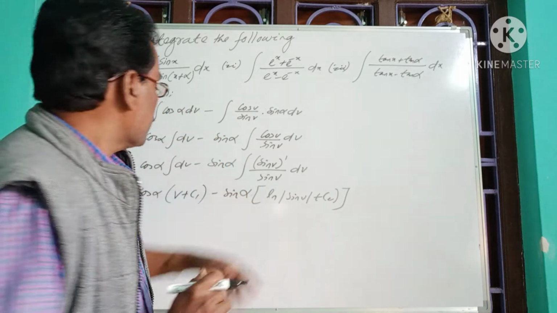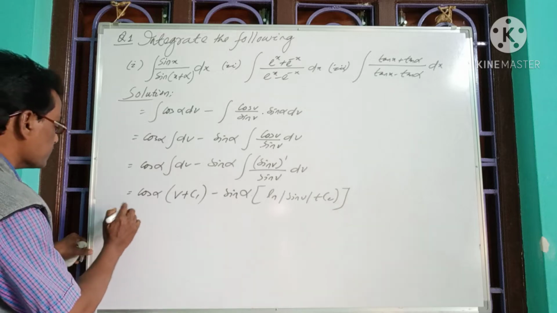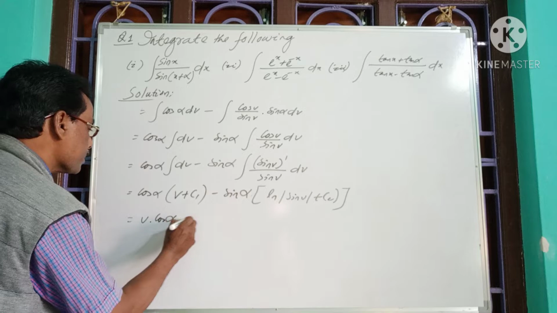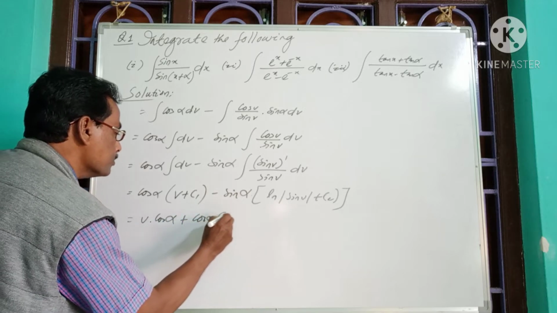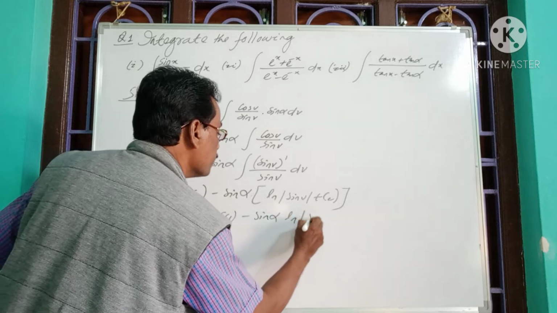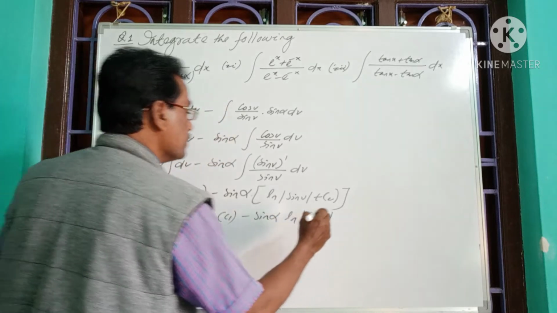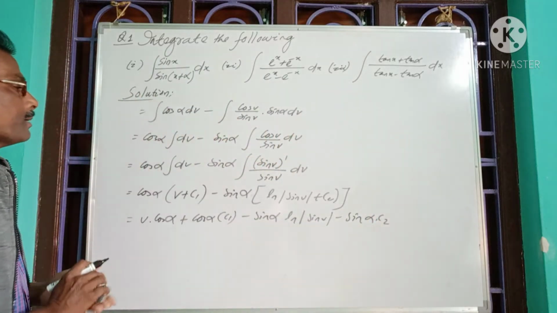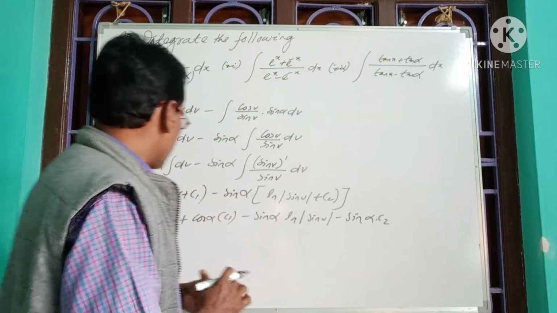So now let us simplify the obtained result, that is v into cos alpha plus cos alpha into c1 minus sin alpha into ln of mod sin v minus sin alpha into c2. Again simplifying, collecting the constants and the functions.